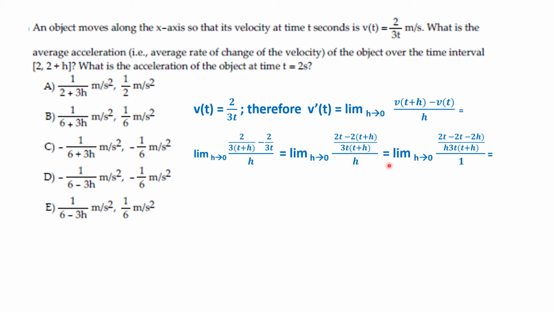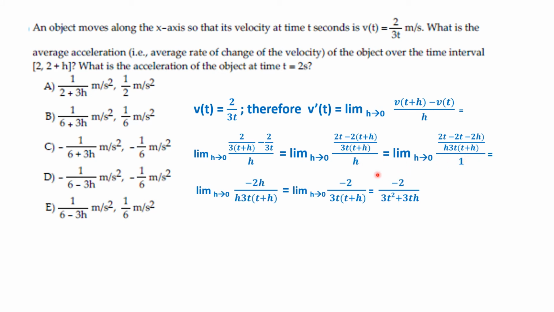This could be equal to the limit as h approaches 0 of 2t minus 2t minus 2h divided by the common denominator, which is h multiplied by 3t all multiplied by t plus h, divided by 1. I just took the h up there and we have 1 over here.